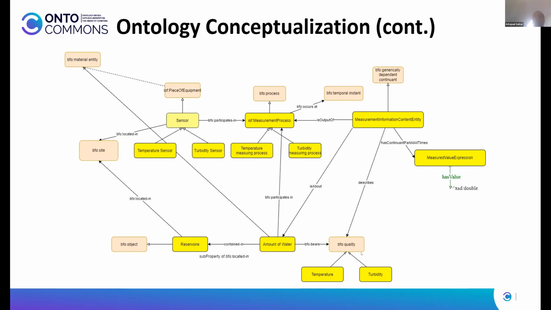You can define where exactly the sensors are located by defining two different sites, and then saying that these two sites are actually part of the site where the amount of water is. So if they are part of that site, they are inside the water. So you can create a lot of different types of reasoning to make your data semantically enriched. So this is one example.